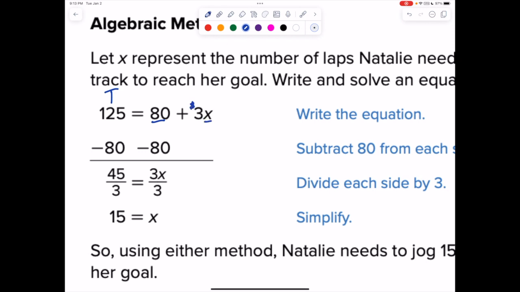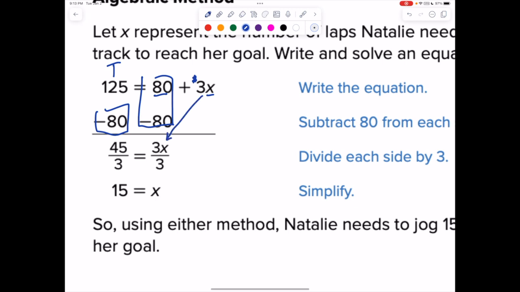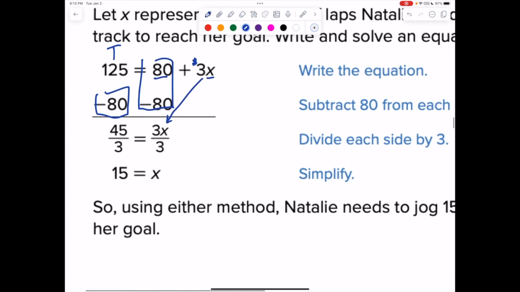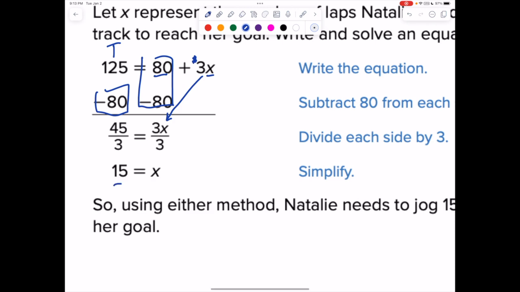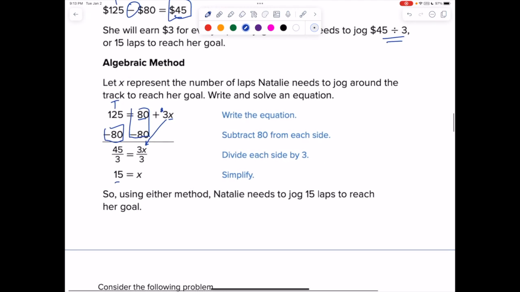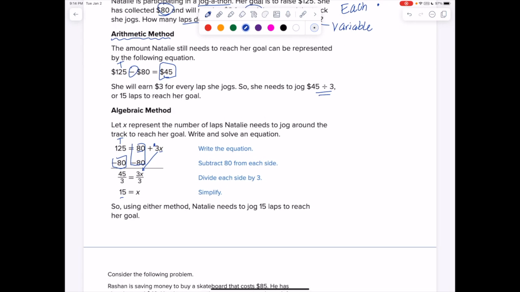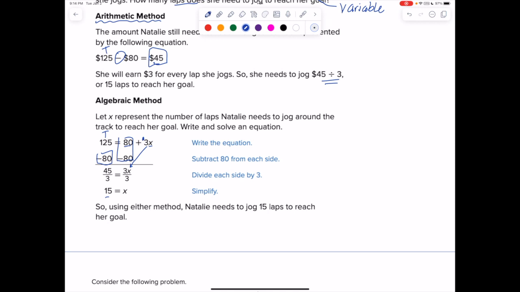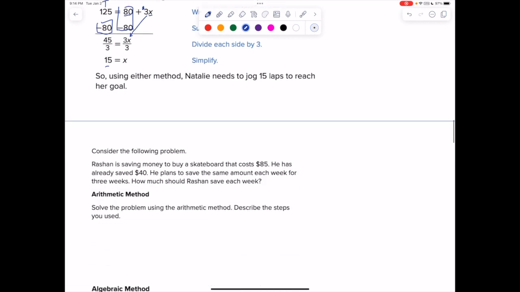And so you can just create this equation, and you can see we subtract 80 from both sides. We're left with 3x equals 45, and you just solve for x, divide by 3, and you get the same answer. So using either method, you find the answer. We want to push you towards this algebraic method of thinking.